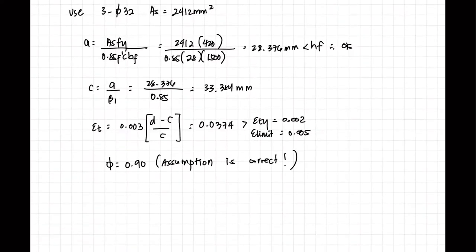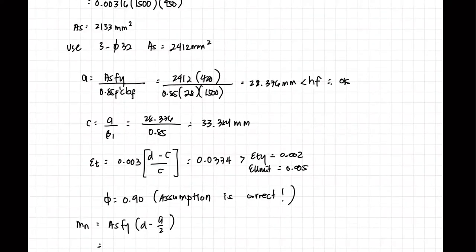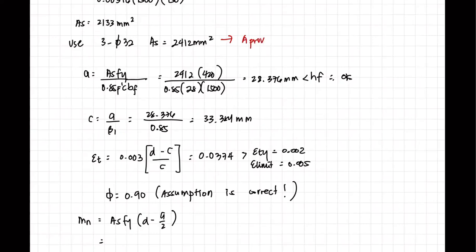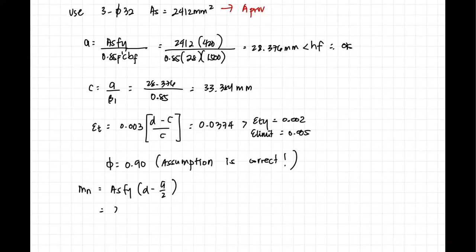Okay? Next is calculating our moment capacity. So Mn is equals to As fy times d minus a over 2. So that is our provided area. So 2412 times 420 times 450 minus 28.376 over 2.